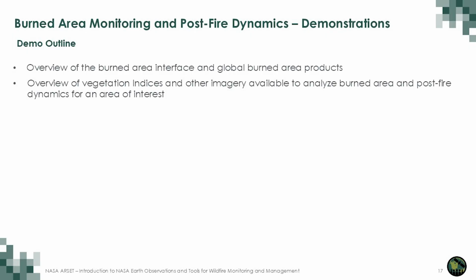By the end of this session, you should be able to assess burned area globally using the monthly and annual burned area products available from MODIS and VIIRS, and be able to analyze burned area and post-fire dynamics for a particular area of interest using vegetation indices and other imagery from the Harmonized Landsat Sentinel dataset.